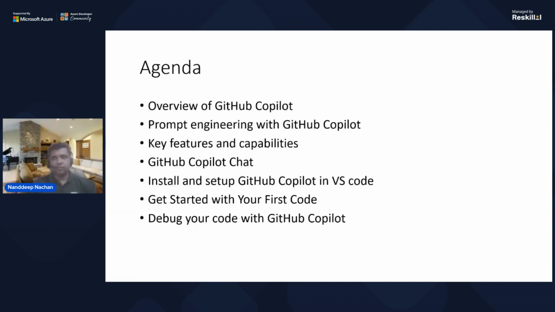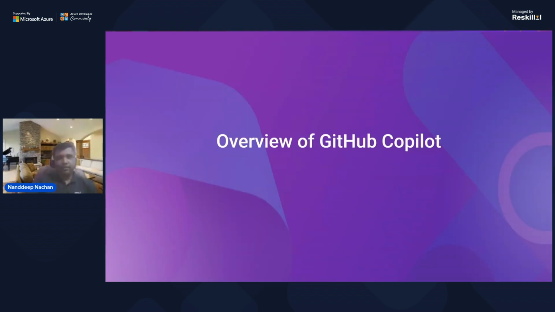We will also see how to use GitHub Copilot in Visual Studio Code, how to install and set it up, and we will start with writing our first code in GitHub Copilot. I will also show you how to debug your code with GitHub Copilot. Even though it's a big agenda, we have a few basic concepts to clear. With that, let's get started with GitHub Copilot.